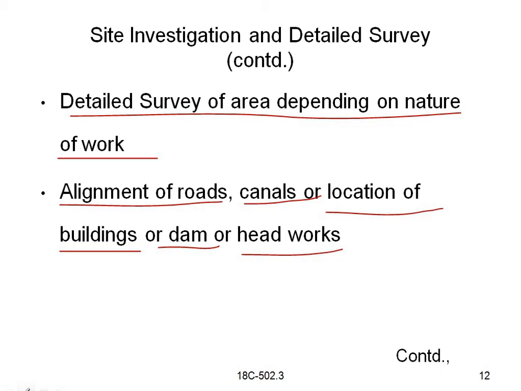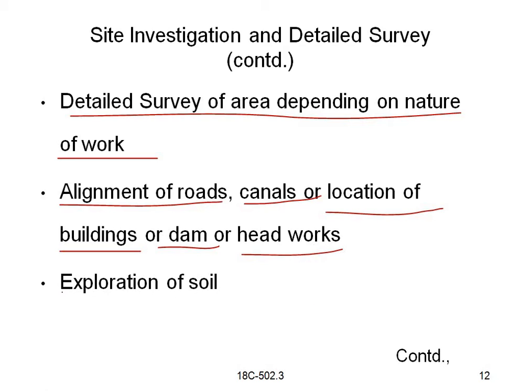These also we have to show in the feasibility report, because that is for the future expansion of roads or any climatic disasters to the structures. So that should be kept in mind, regarding the alignment of roads, canals or location.